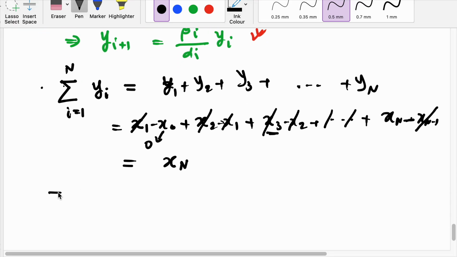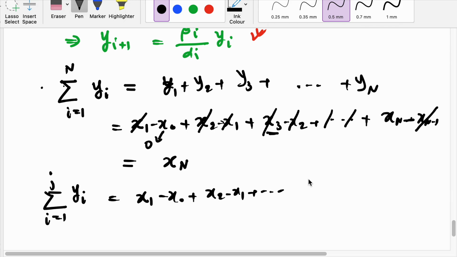Now if I sum over i equal to 1 to j, what will I get? The first term is x1 minus x0, plus the second term x2 minus x1, plus in this way, the previous term will be xj minus 1 minus xj minus 2, plus xj minus xj minus 1.